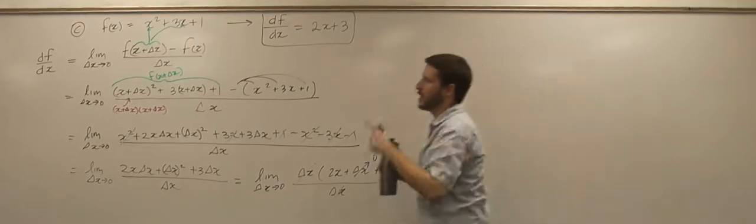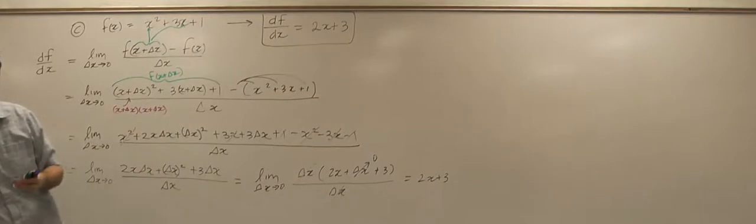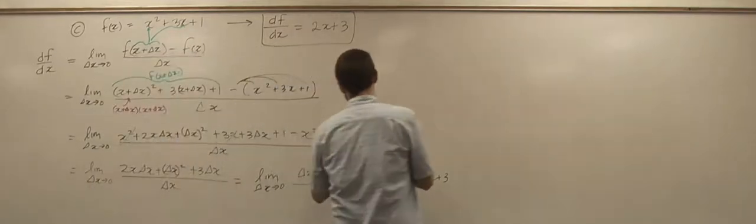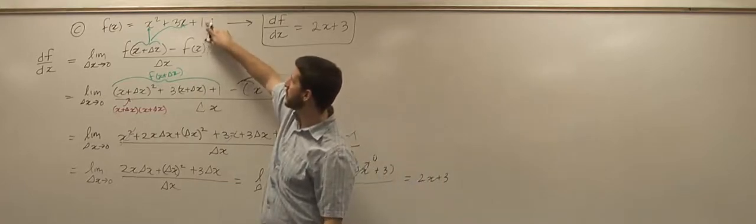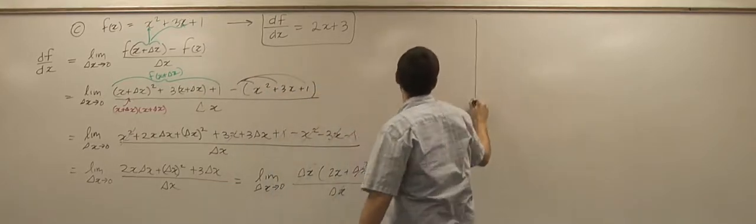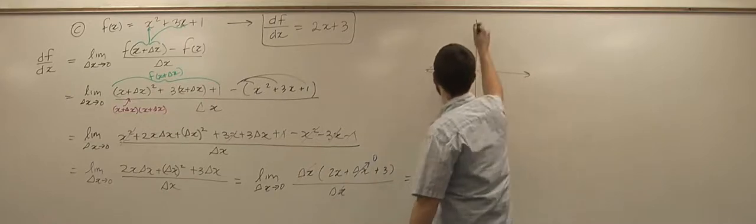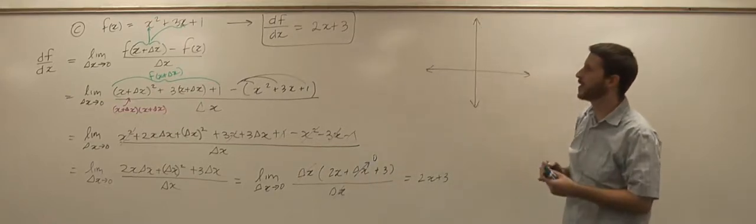So two things. One, I'm going to graph these real well. I don't know about graph, but I'll give you an idea of what these look like. What kind of function is this? Parabola, right? It's a quadratic function. It's got an x squared.